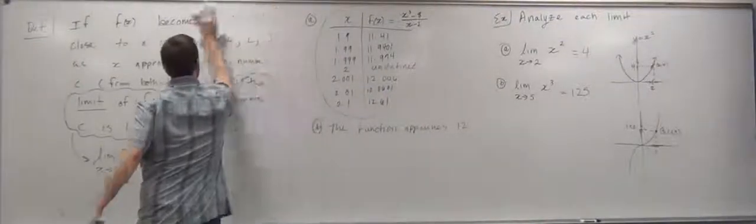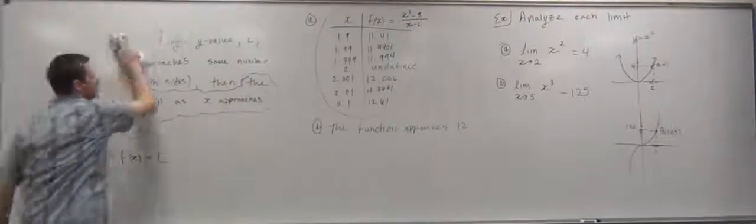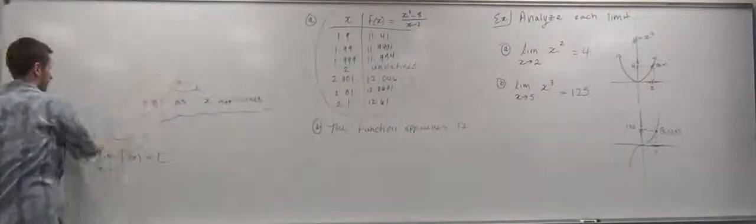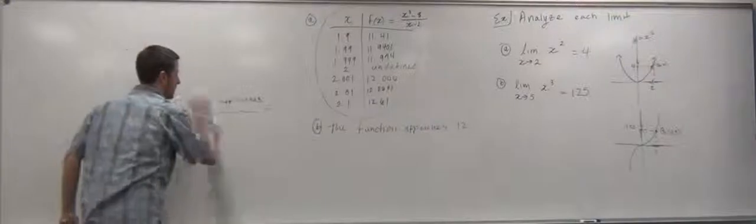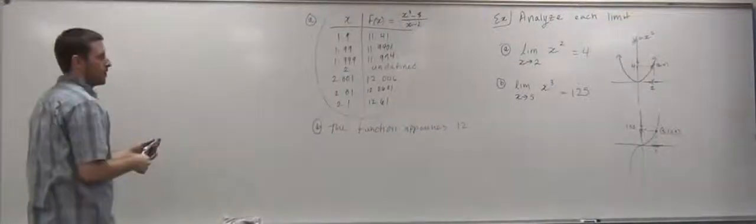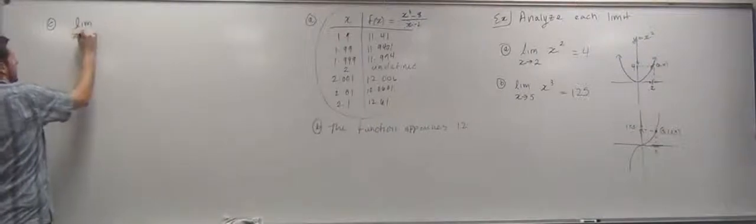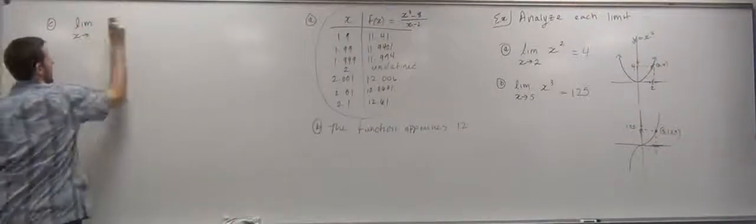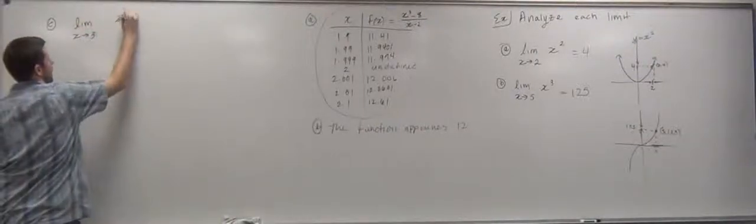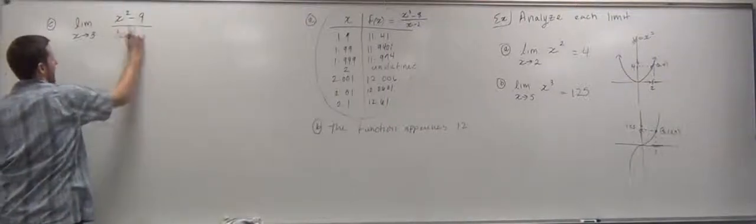But let me look at an example like what you're talking about. So for part C here, what if I ask you the limit as x goes to 3 of x squared minus 9 over x minus 3?